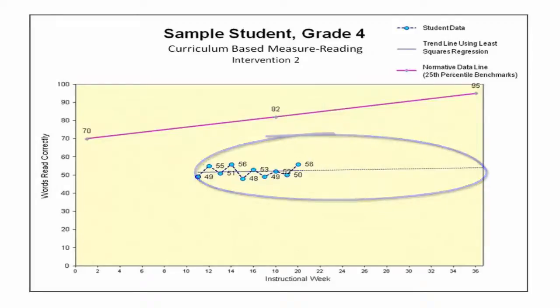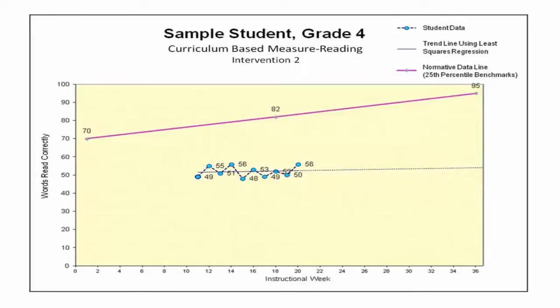In this case, the gap is widening between the student's progress and that of the student's peers. Notice that there is no goal line on this chart because the goal line, while important in other uses, is irrelevant when determining insufficient progress criterion in the specific learning disabilities rule.